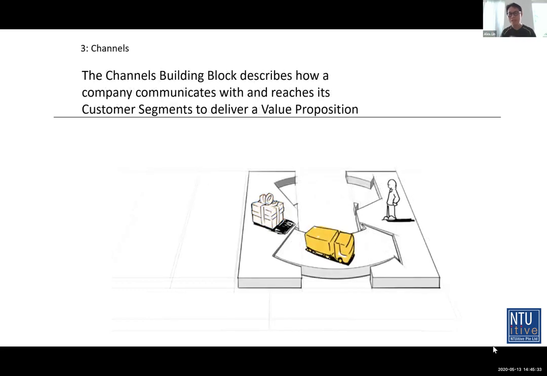The very first one is distribution. All right, the channel. The channel is how are you going to go and reach the customer? So the customer has a need. How are you able to deliver a solution? Okay, so they are very interested, because if you are not able to reach the customer, not able to deliver, it's useless. Right?